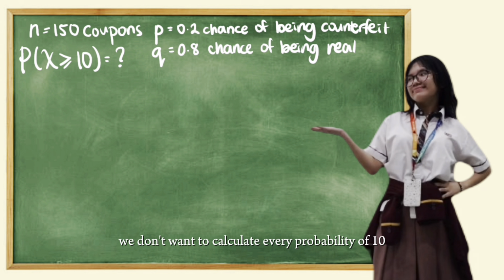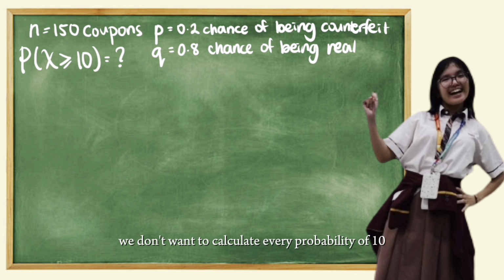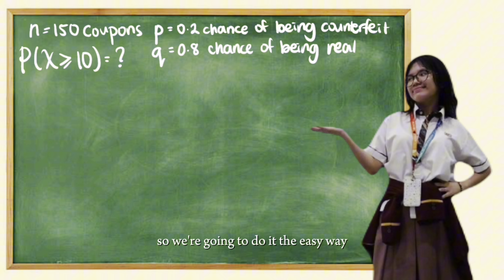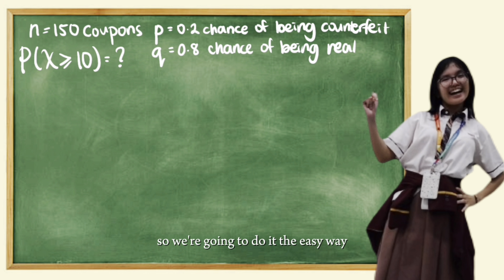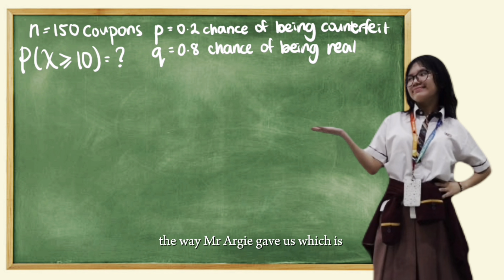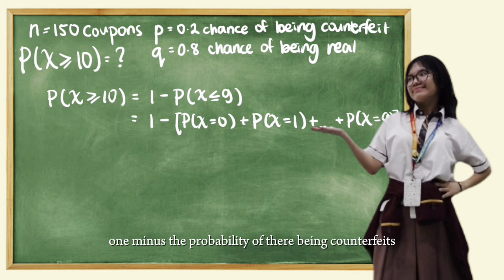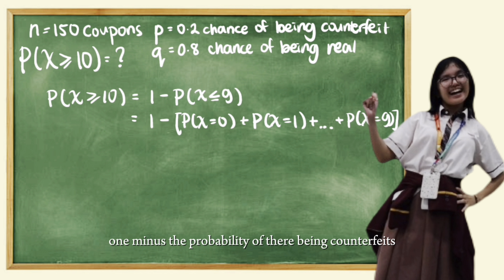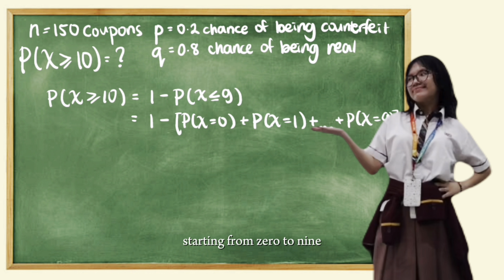Of course, we don't want to calculate every probability of 10 and above because it's very tiring and very stressful for our mental health. So we're going to do it the easy way, the way Mr. Argy gave us, which is 1 minus the probability of there being counterfeits starting from 0 to 9.